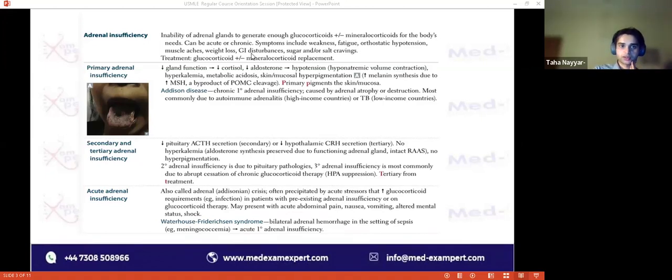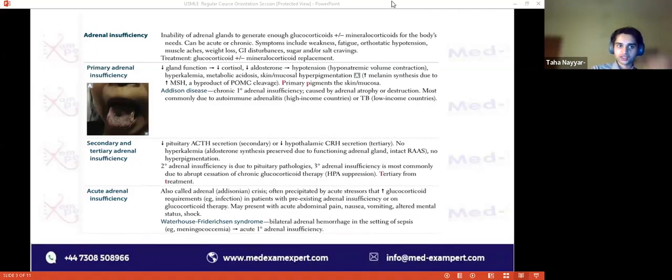Can someone quickly tell? Not primary, because if we are giving ACTH and the body is producing cortisol, yes, secondary, because in secondary there is deficiency of ACTH, but our primary gland is fine.